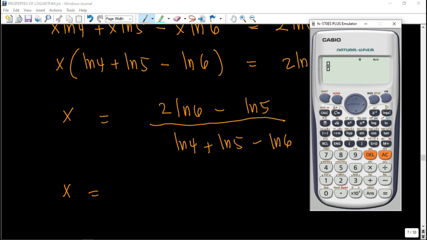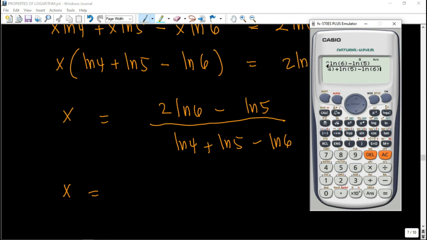Okay, so we have here 2 ln 6 minus ln 5, you have here all over ln 4 plus ln 5, natural logarithm of 5 minus the natural logarithm of 6.